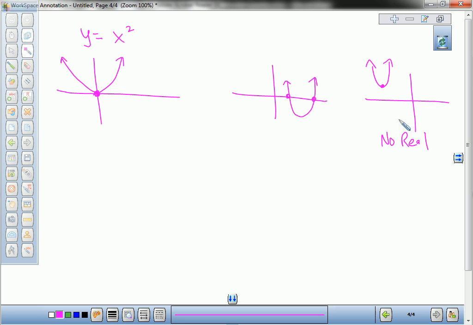Now, we didn't work on these in class, and we didn't work on them in support, but in regular class you will. You can have a problem like this, guys: x plus 1 squared equals negative 25. We can solve this algebraically, but our answers are not real.